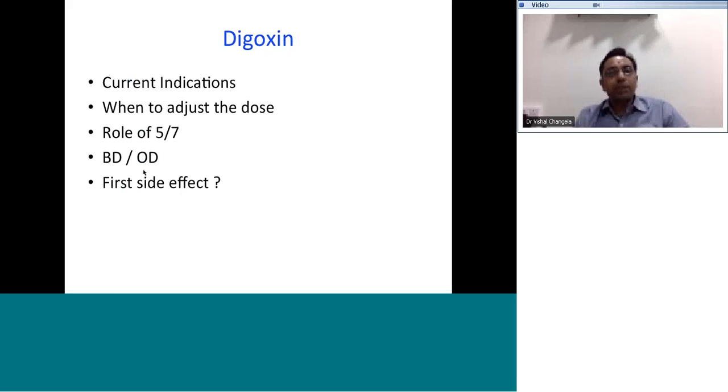In patients with prematurity, we reduce the dose of digoxin to 5 to 7 microgram per kg per day. Patients with renal failure also, we reduce the dose. Or sometimes if renal dysfunction is severe, we have to withhold the digoxin. Any drug-to-drug interaction, especially when the patient is on amiodarone, we have to reduce the dose, because both of them are arrhythmogenic agents.